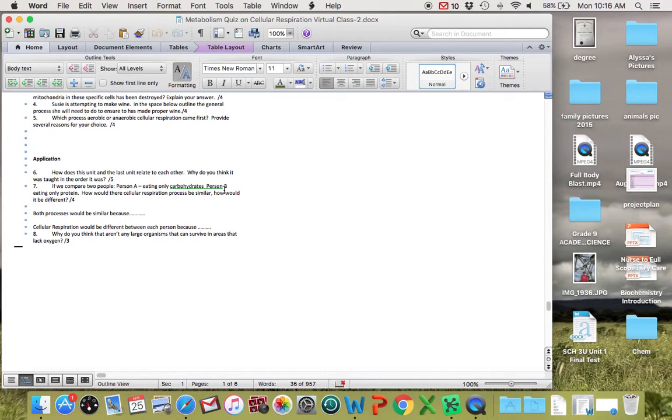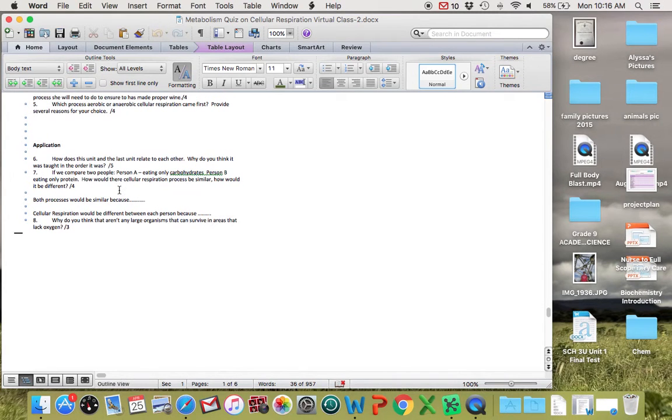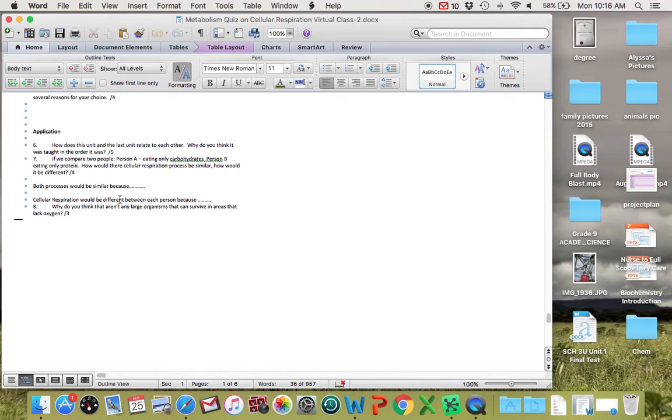So if you're just eating pure protein, you're not going to get as much ATP as someone who's going through glycolysis, because in glycolysis, you produce 2 ATP at the very beginning. And if you entered into the Krebs cycle, you wouldn't be able to produce those original 2 ATPs. So the big difference is where they're entering cellular respiration. Carbohydrates enter at the very beginning, proteins can enter at 3 different spots: glycolysis, pyruvate oxidation, and directly into the Krebs cycle.